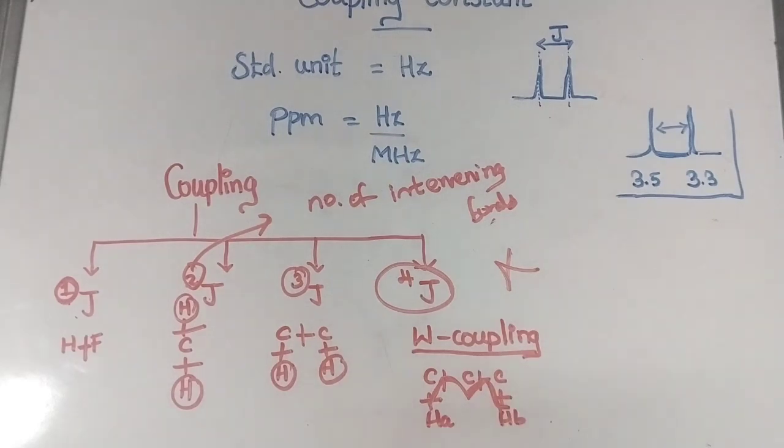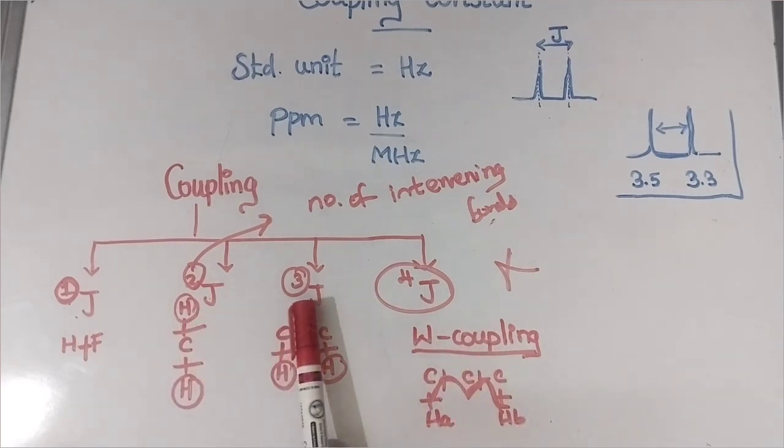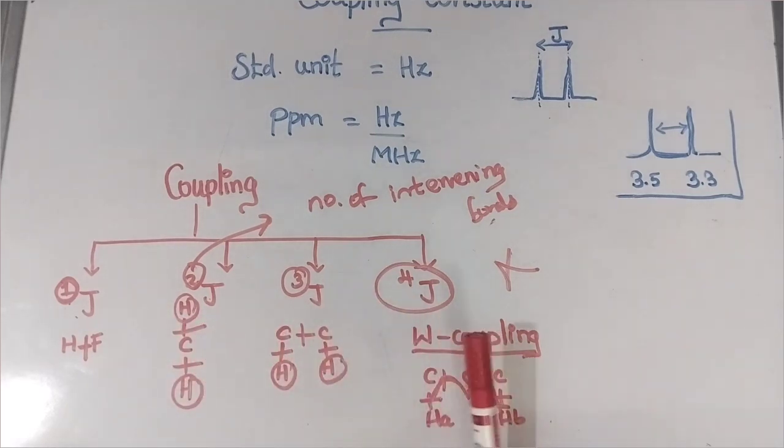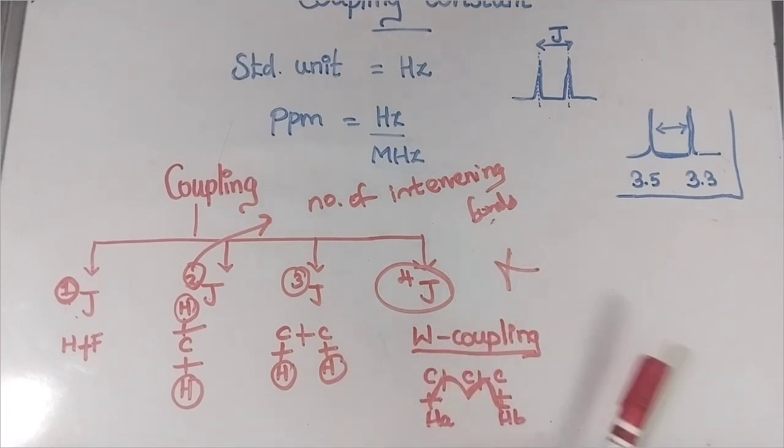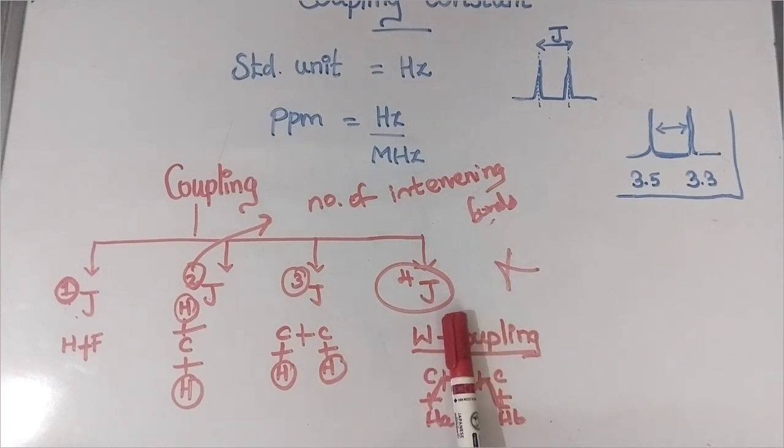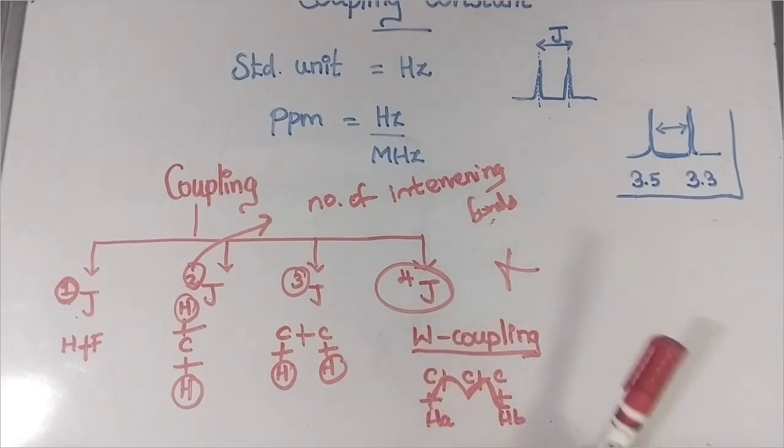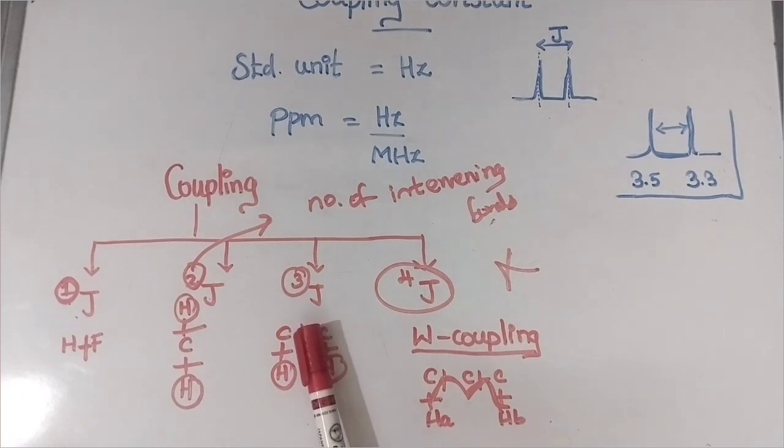These are the details about coupling. Couplings are of 4 types: J1, J2, J3 and J4. Generally we won't consider J4 coupling because of the large distance between the two groups. J4 coupling is otherwise known as W coupling or meta coupling. J3 coupling in a ring structure is nothing but ortho coupling.